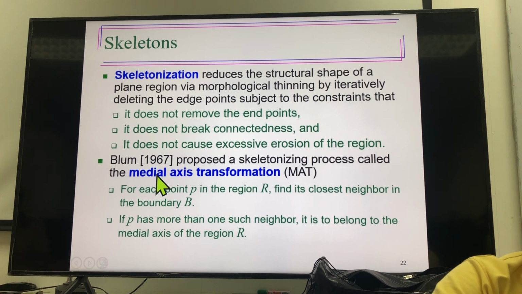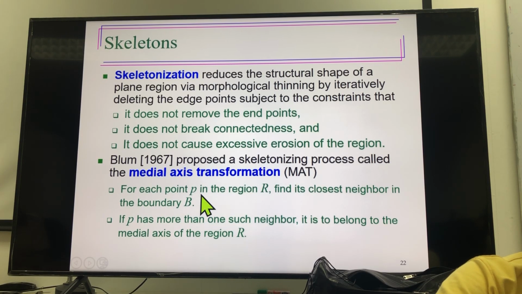In 1967, Blum proposed a skeletonization process called the medial axis transformation. The medial axis transformation is like this.